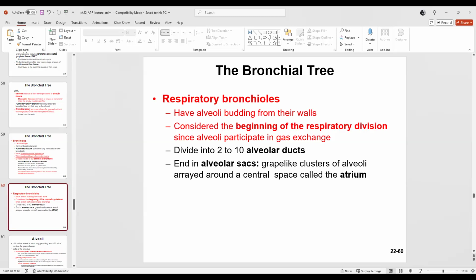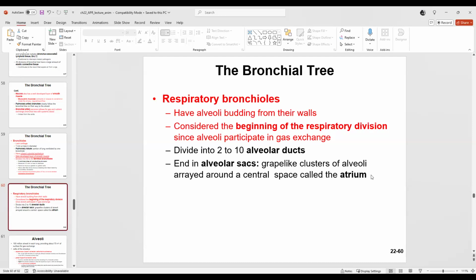Now that we hit the respiratory bronchioles, we're going to see the respiratory division, where gas exchange does occur. Again, if there's a block here, even with no block in the respiratory division or in the conducting division, we're still kind of screwed, because all we're doing up until this point is directing air here. As we direct air to these respiratory bronchioles, we see that they have alveoli coming out of their walls.